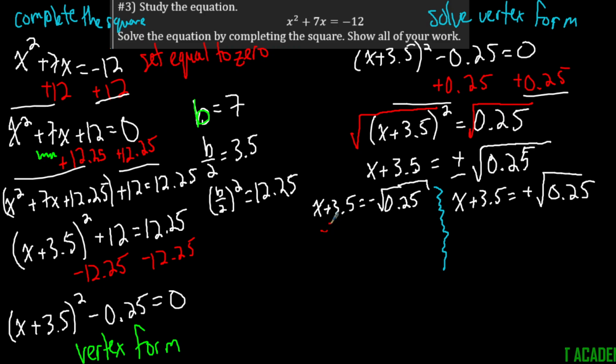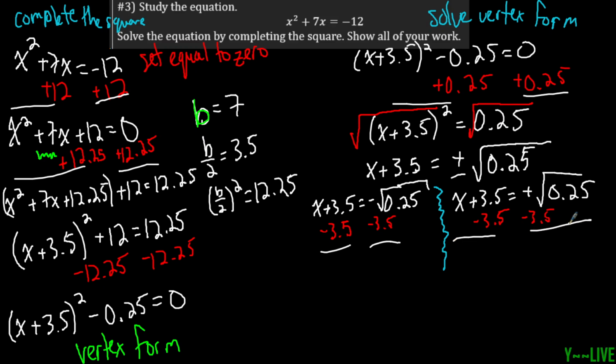So I'm going to say I have minus 3.5 the whole way across. So I say minus 3.5, minus 3.5 the whole way across. And this will get x by itself, and it will give us our final answer. Please be careful though. A lot of people try to subtract inside that square root symbol. Make sure you keep these values separate.